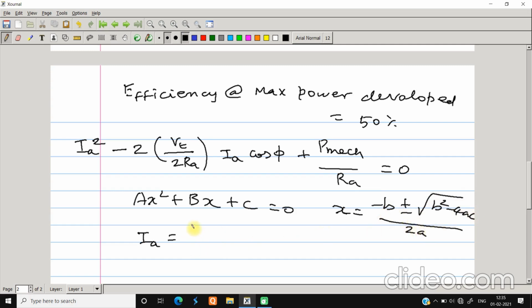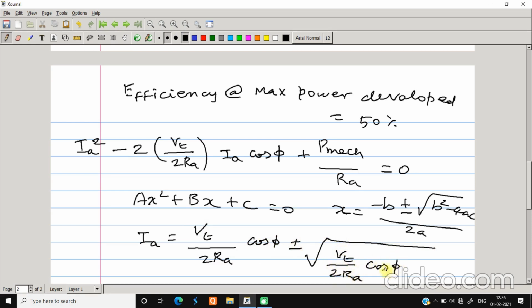So the final equation of Ia will be Vt by 2Ra into cos phi plus or minus root of (Vt divided by 2Ra cos phi) the whole square minus P mechanical divided by Ra.